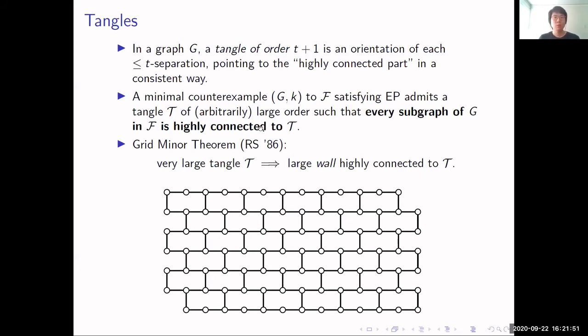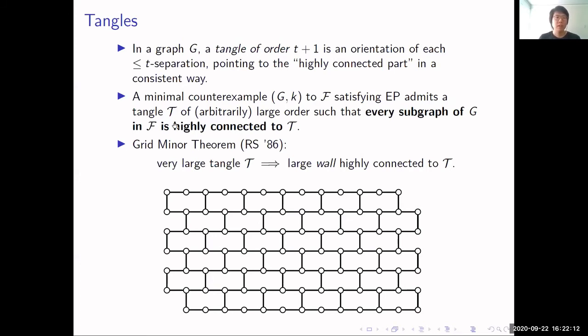So what the previous argument showed was that a minimal counterexample to the family satisfying the Erdős-Pósa property admits a tangle of large order such that every subgraph of G in F is in the highly connected part of the tangle.